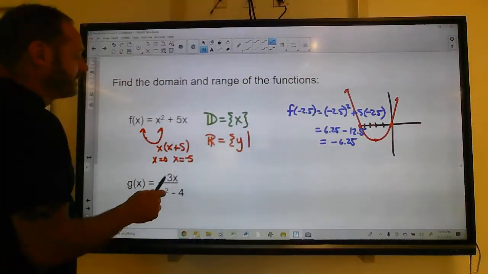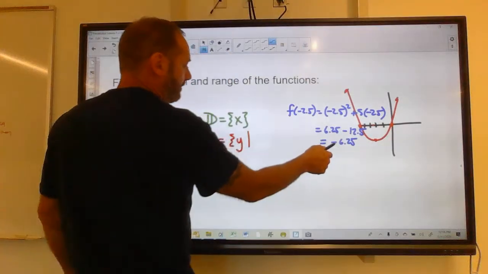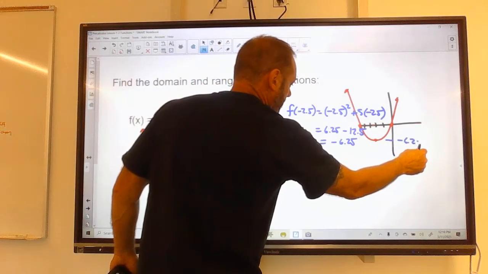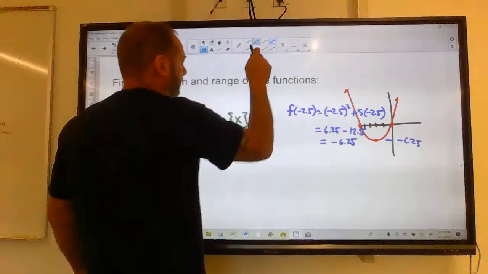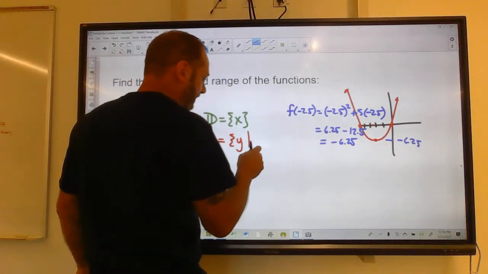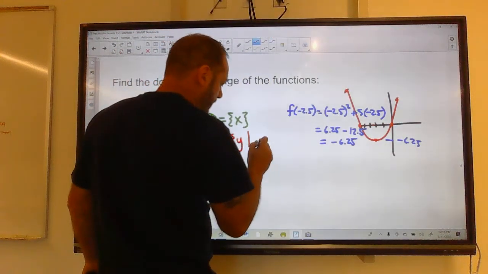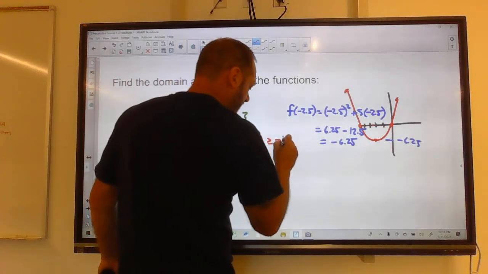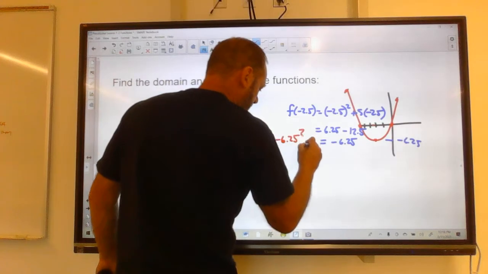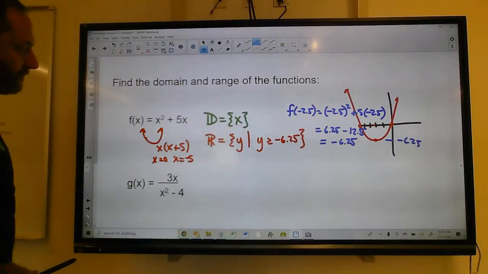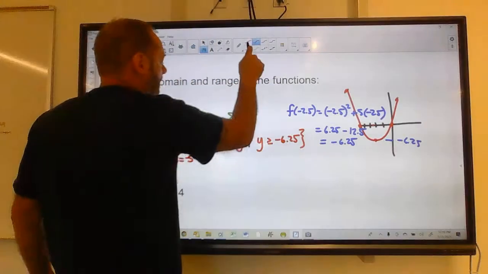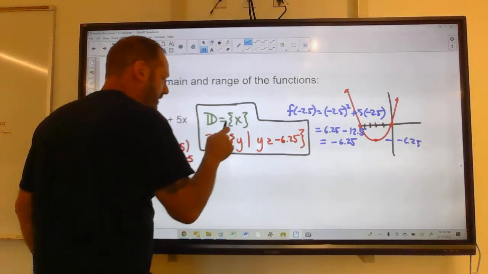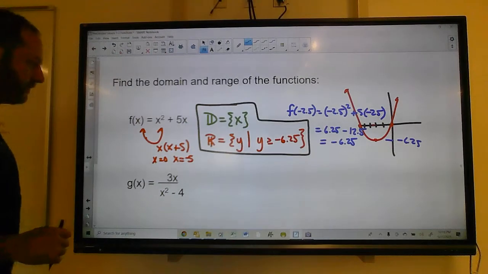So this is the bottom right here. It's not going to go below that. So my range is going to be all the y's where y is greater than or equal to negative 6.25. Okay, so here's my answer right here, my domain and my range.